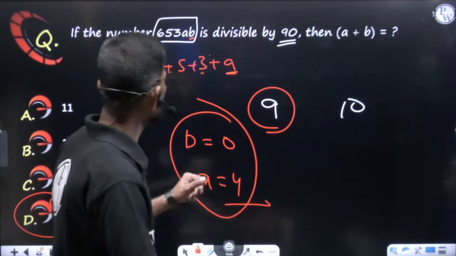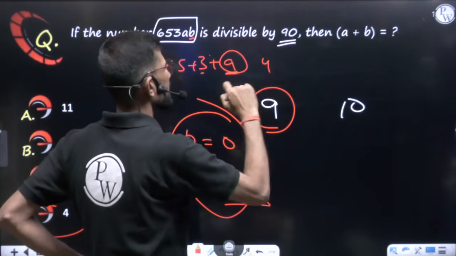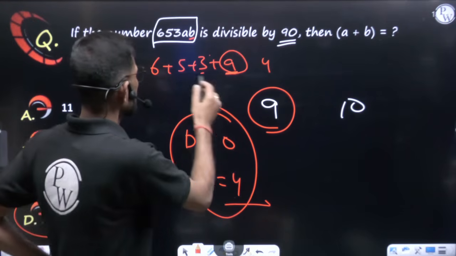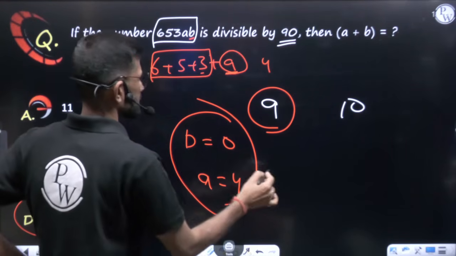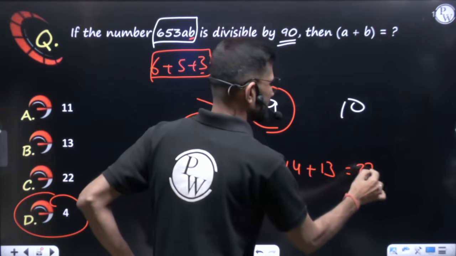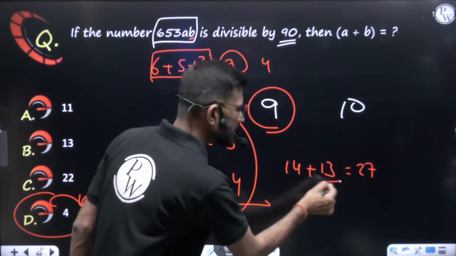Okay, some other multiples they try. Like they make A value 13 instead of 4. If I add 13 to the 14 we already have, it becomes 27, and 27 is divisible by 9. So A value can be 13.